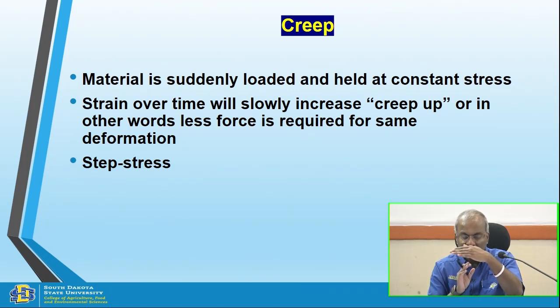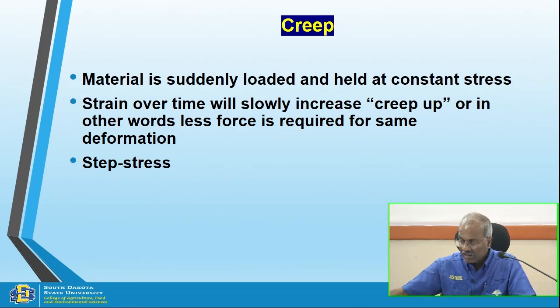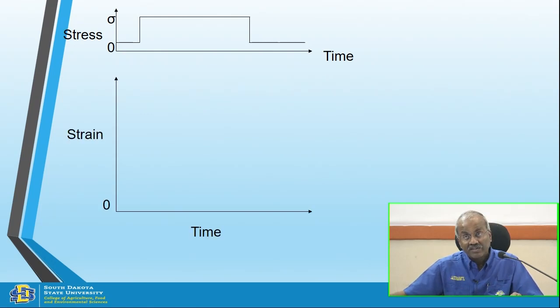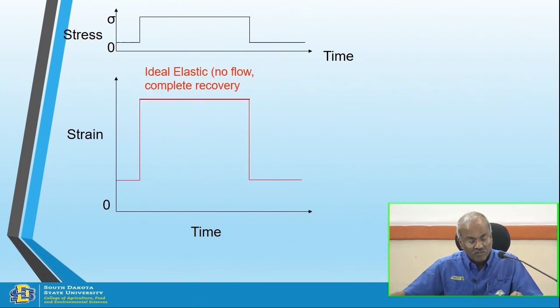If they are connected in the other way, that's called stress relaxation. So stress is instantly applied, held constant, and then you monitor the strain. When you monitor the strain, if it is ideal elastic, complete recovery, no loss. So whatever you apply, the strain will always be constant.